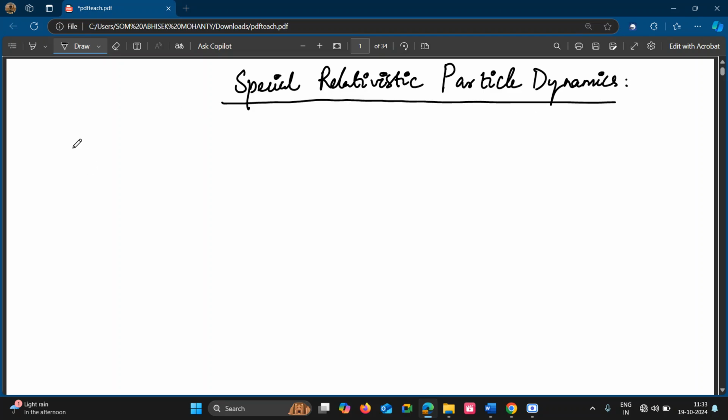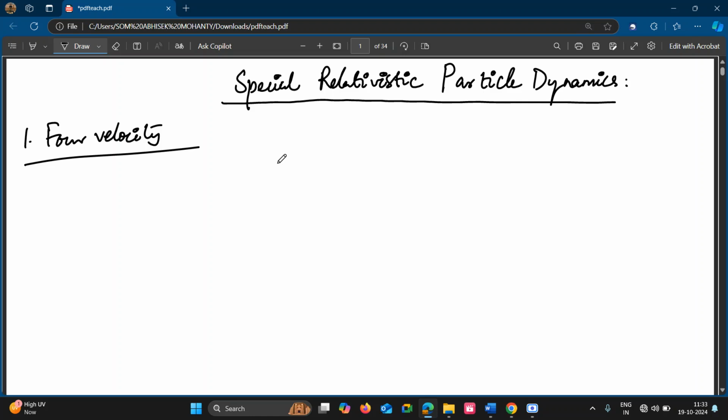First thing we'll see here is our four velocity. In a covariant formalism, one can construct a four vector whose spatial components are proportional to the components of three velocity of a particle, that is vx, vy, vz, and the temporal component is proportional to the speed of light.